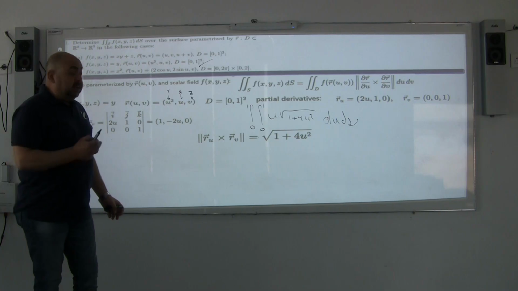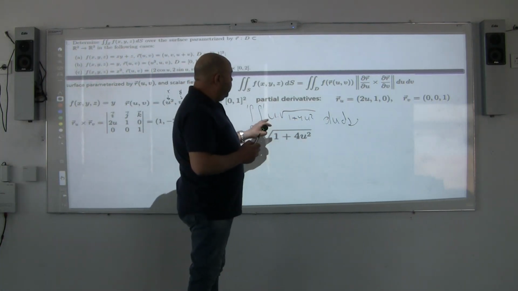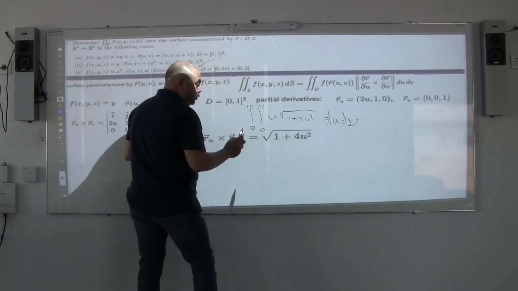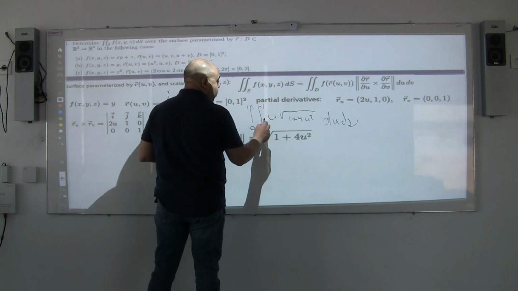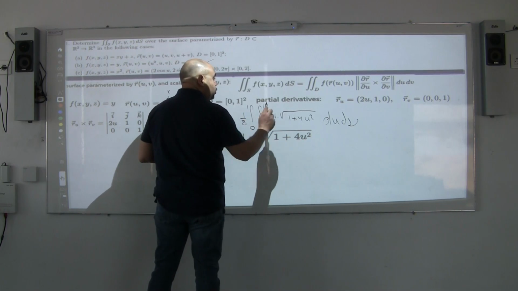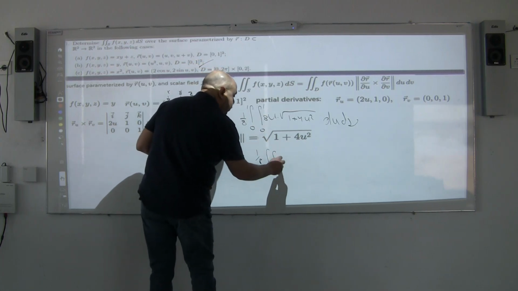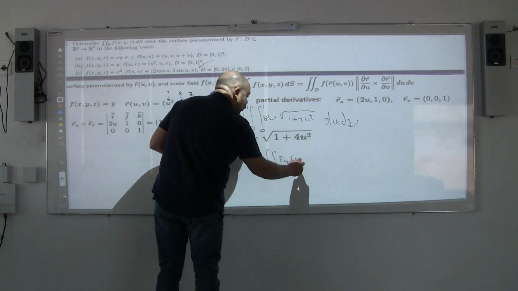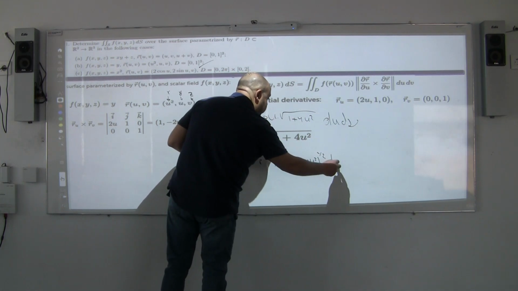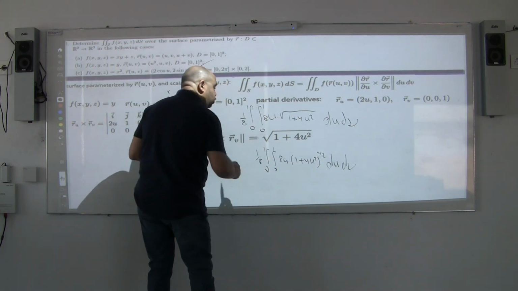The idea here is to integrate this guy, and it's really very simple. You have 1 plus 4u squared to the power of half times u. So all I have to do is to multiply that guy here by 8 divided by 1 over 8. So now I have 1 over 8 double integration of 8u times 1 plus 4u squared to the power of half with respect to du, with respect to dv, from 0 to 1, from 0 to 1.